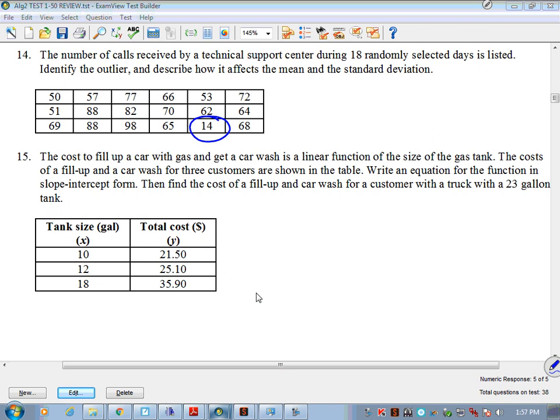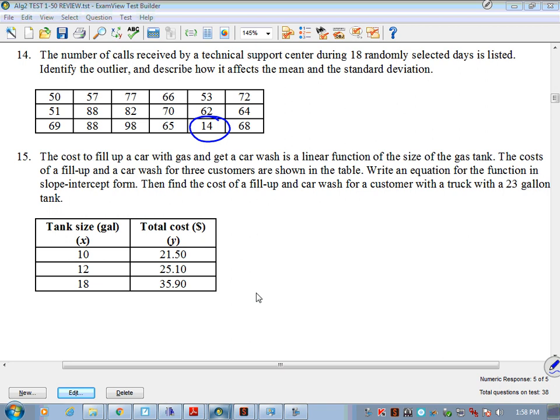In our information here, the mean without the outlier is 69.4, and when I include it, it decreases to 66.3. The standard deviation without 14 is 13.7, a very small standard deviation, and it increases when I plug 14 in, to 18.6. How to calculate standard deviation is in video number 1.